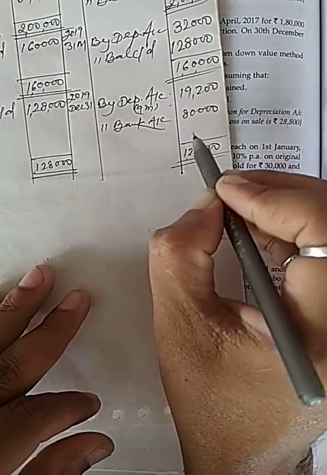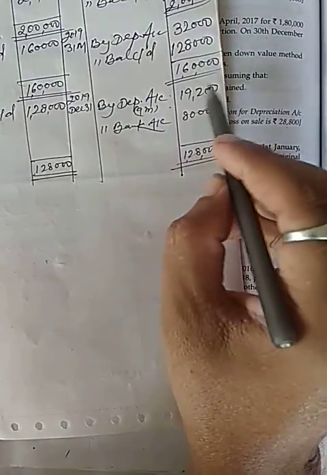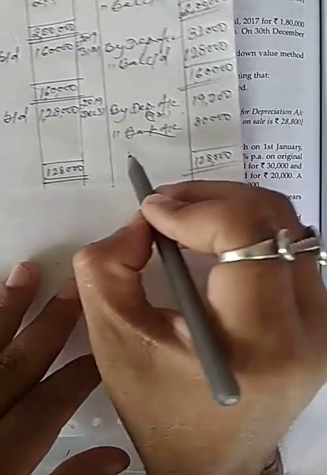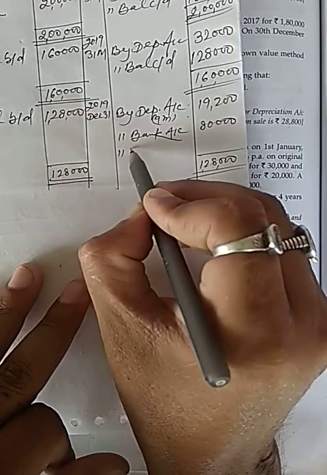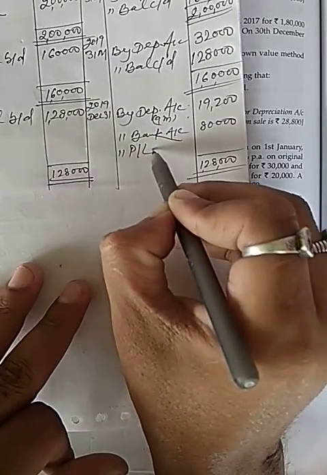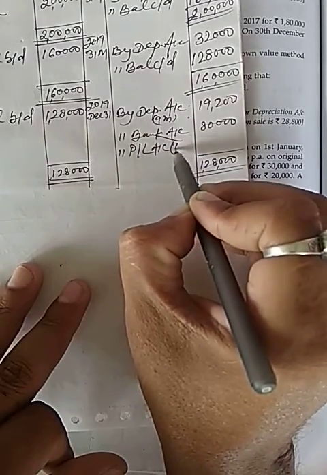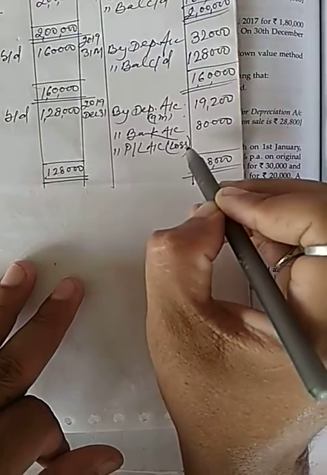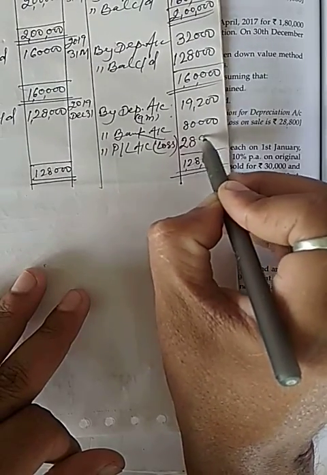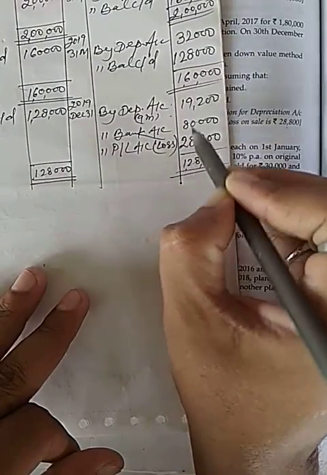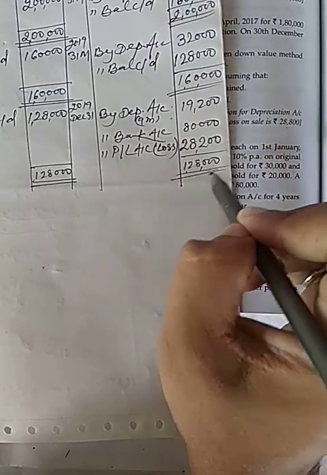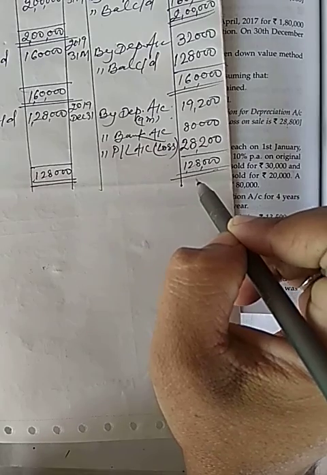When we deduct 19,200 and 80,000 from 1,28,000, the remainder will be the profit and loss account, loss. So the loss will be 28,800. Now you can see by adding it will be equal to 1,28,000.